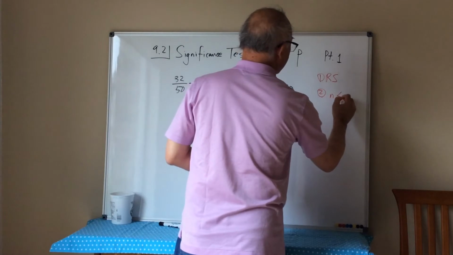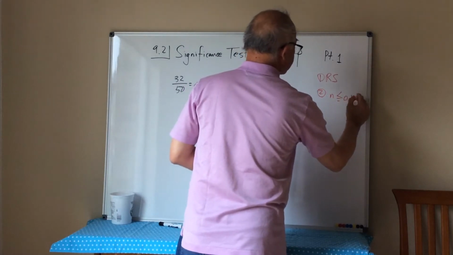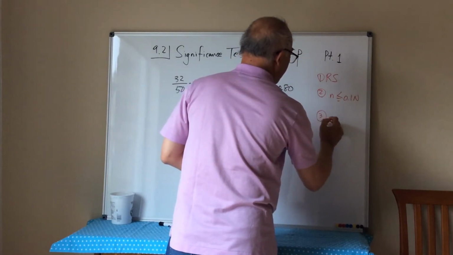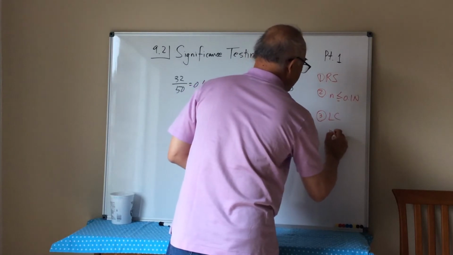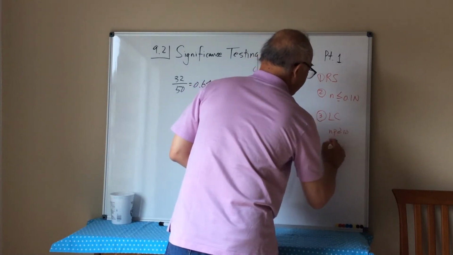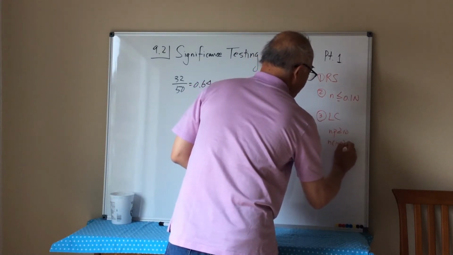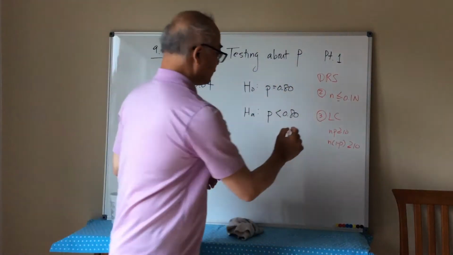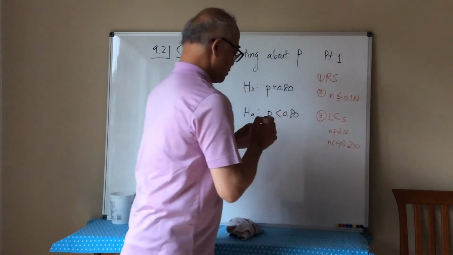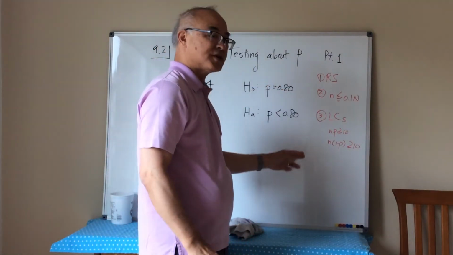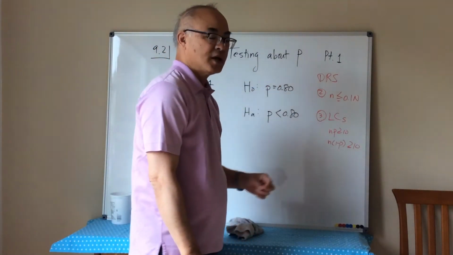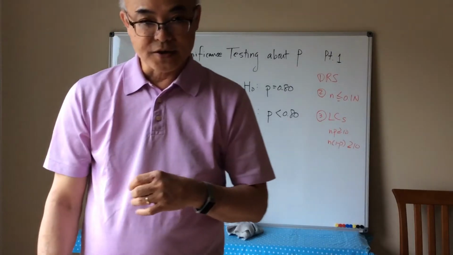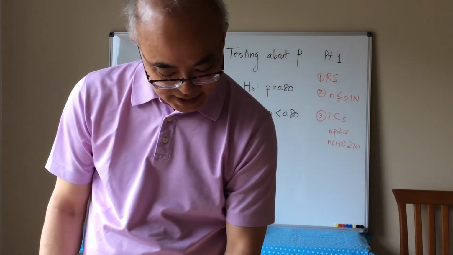Two was that you cannot oversample. And we had the large counts, which was np is greater than or equal to 10, and n(1 minus p) is also greater than or equal to 10, right? So you had large counts. These three things are still the same when it comes to significance testing, okay? So those three things have to be stated.